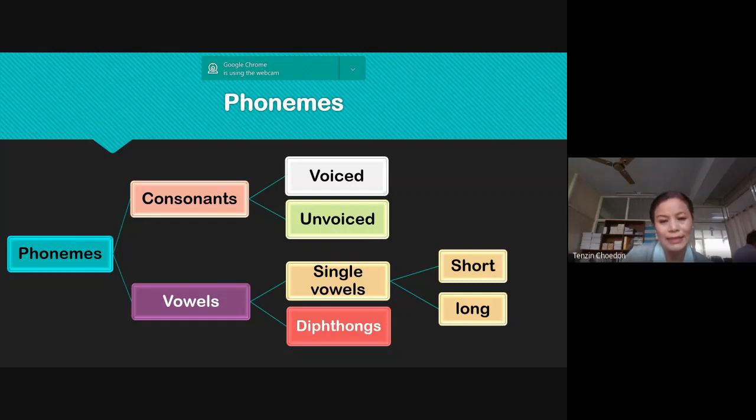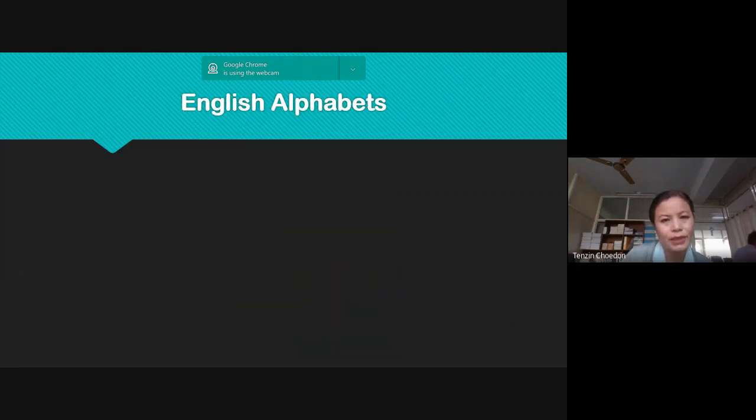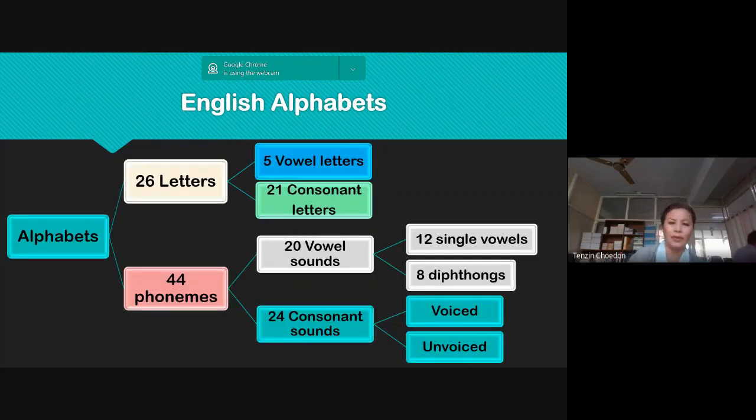If you look at the next slide, this is how the English alphabet looks in detail. We all know there are 26 letters in the English alphabet, but 44 phonemes. And if we look at the grapheme part, just the written part, there are 26 letters.